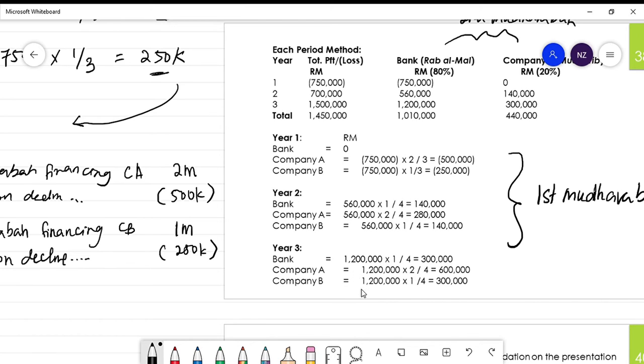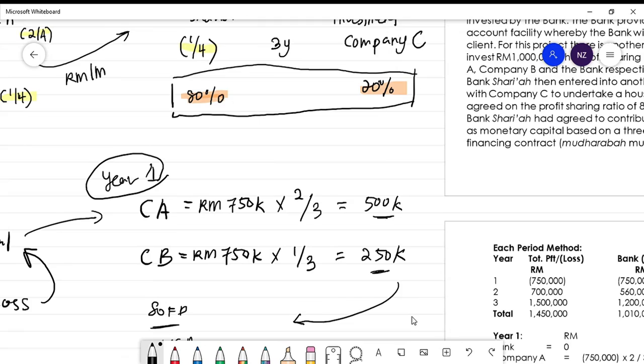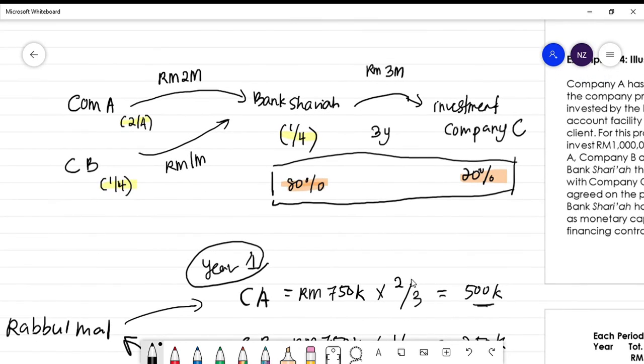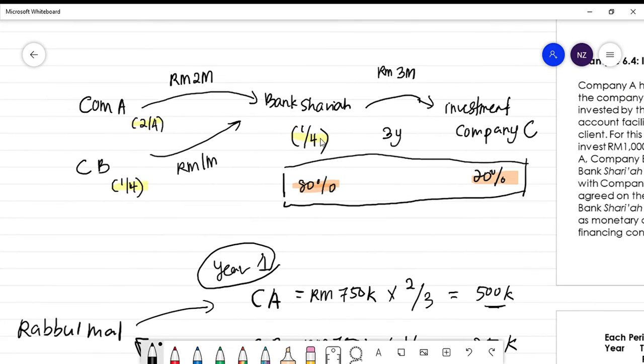from the second mudharabah. So 1,200,000 ni you times according to the ratio yang saya highlight in yellow tadi kan. Kenapa 1/4? Sebab 4 ni is the total of the ratio. 2/1 ni is 4. So kita memang nak kira and kita nak ambil ketiga-tiga orang ni lah kan, bank syariah, company A and company B. That's why kita ambil the total amount of the ratio.